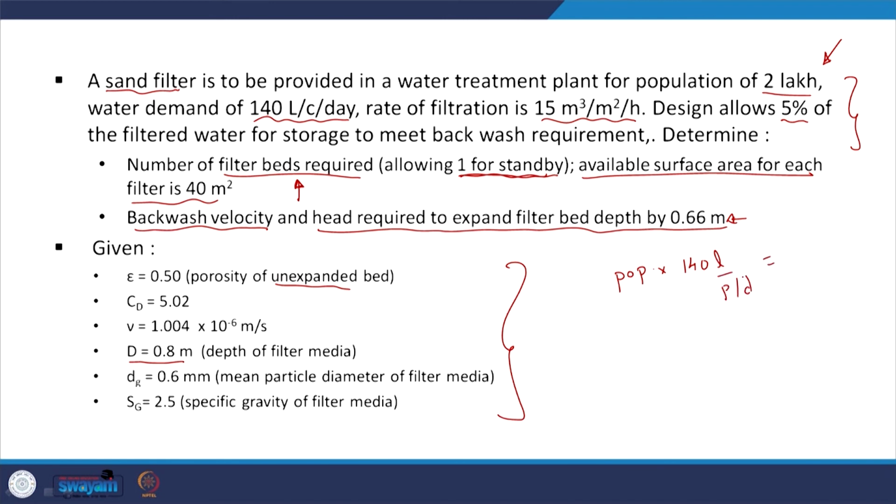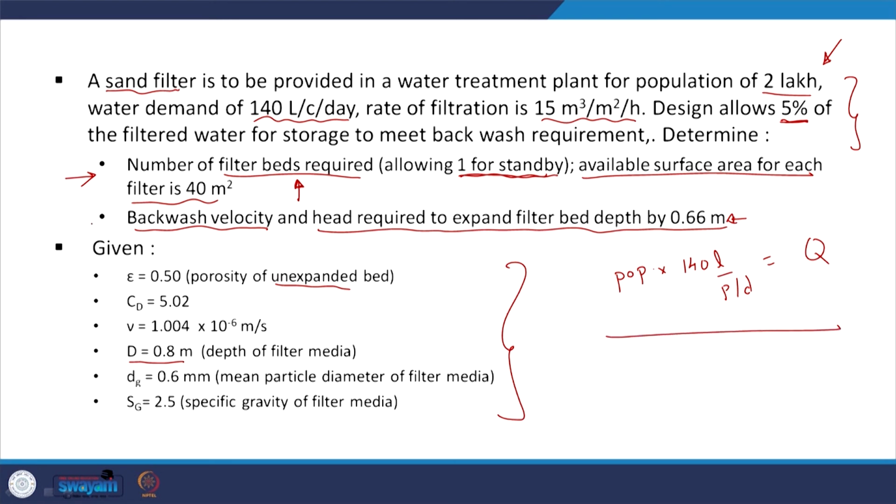From this I will be able to calculate the flow rate Q, and depending upon the need for backwash volume, we talked about per day, we need to look at 5% additionally. I also have the rate of filtration here. From that, with simple calculations here and there, we will be able to come up with the area for the filter beds. So, first let us get that done.